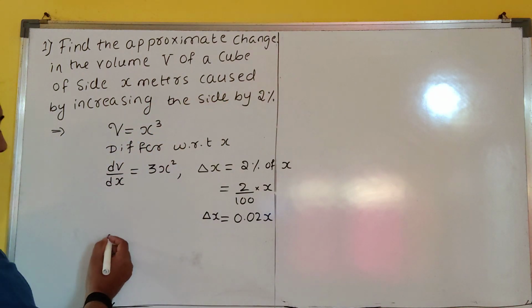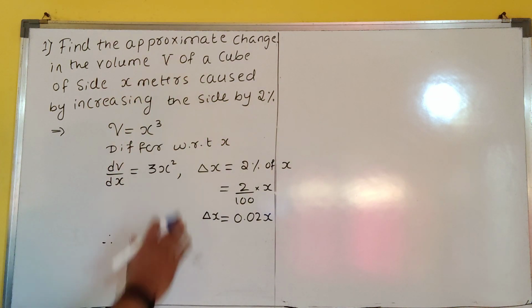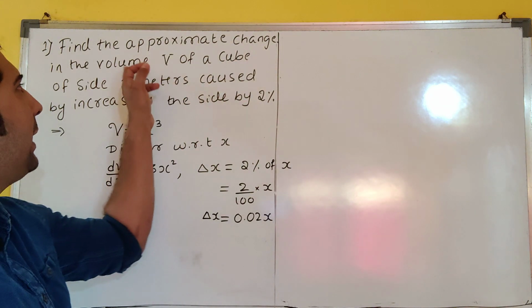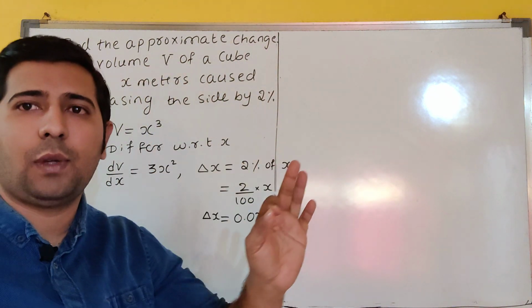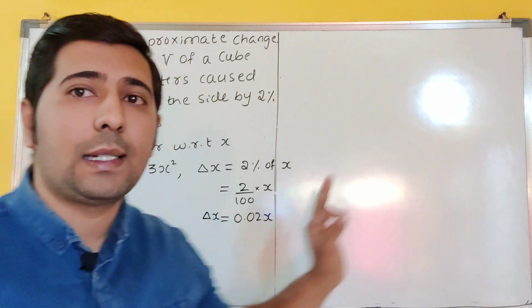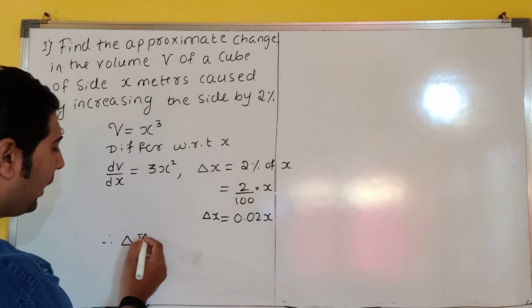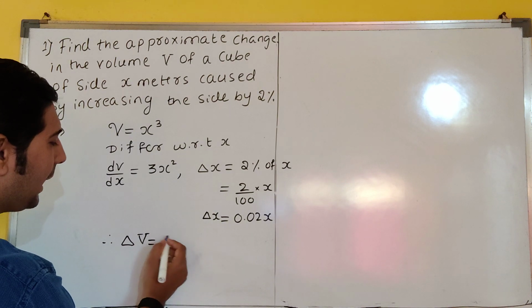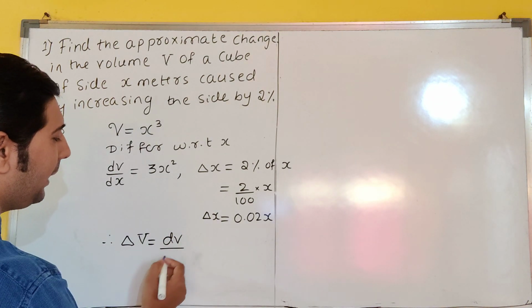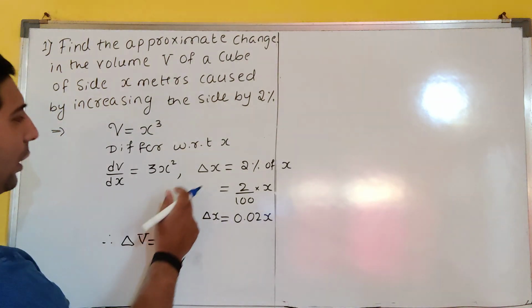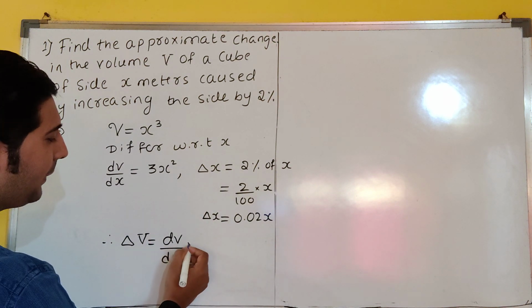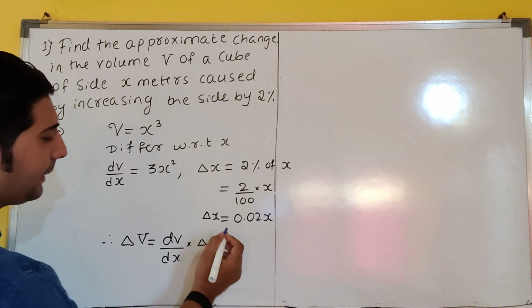Therefore, delta V I have to find. So find the approximate change in volume. Approximate change means we write delta. Delta V I have to find here. How will we find delta V? Discussed just now. Delta V is dV by dx, because here only x is there, into delta x.